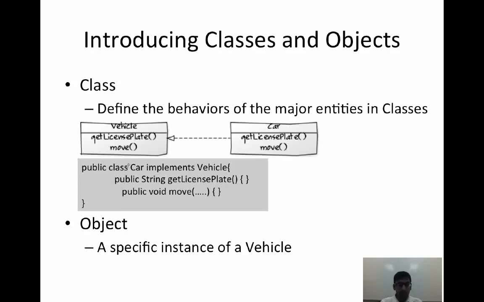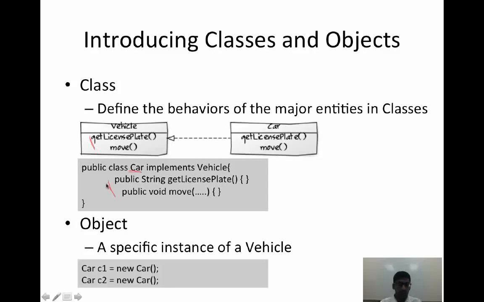So car basically has all the behaviors of a vehicle. It can also have some additional behaviors, but car is basically a blueprint, a concrete blueprint of a real life object. So if you create a physical object like this, here I'm actually referring to a car in the physical world, an actual tangible physical entity.